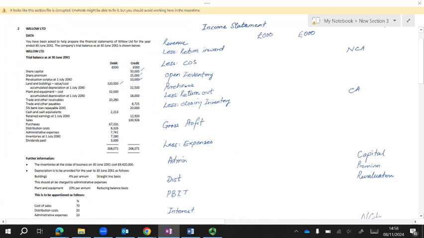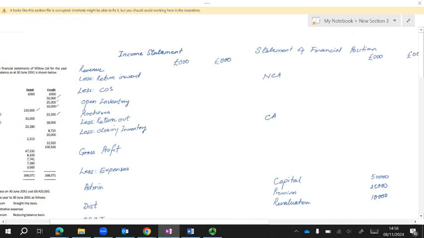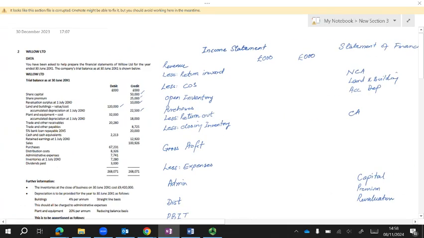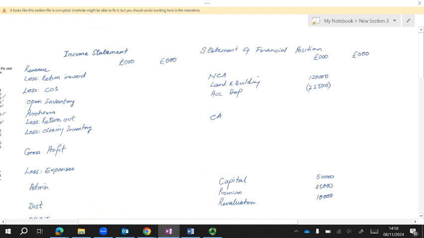Then land and building is 120,000, and the accumulated depreciation is 22,500. Next is plant and equipment 32,000, accumulated depreciation 18,000.